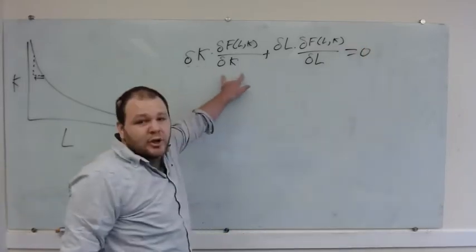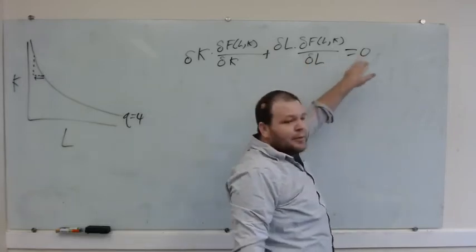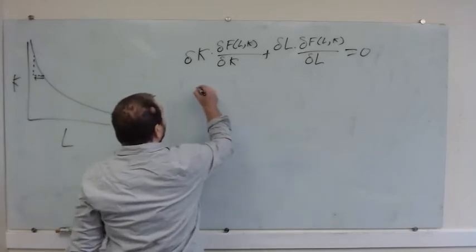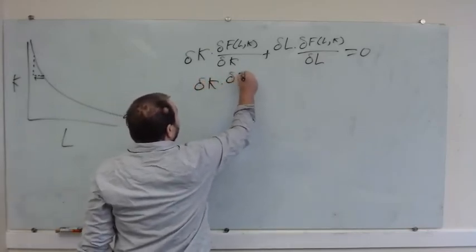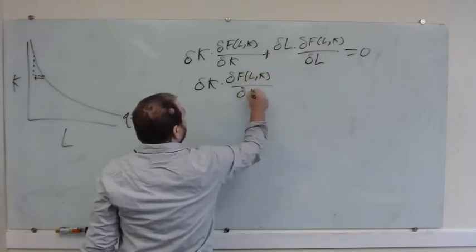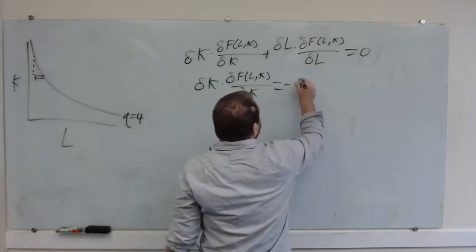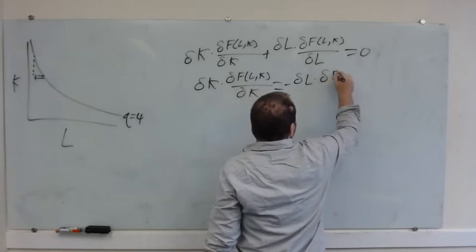Change in capital times the marginal product of capital plus the change in labor times the marginal product of labor has to equal 0, right? Equivalently, of course, dK times the marginal product of capital is going to equal negative dL times the marginal product of labor.